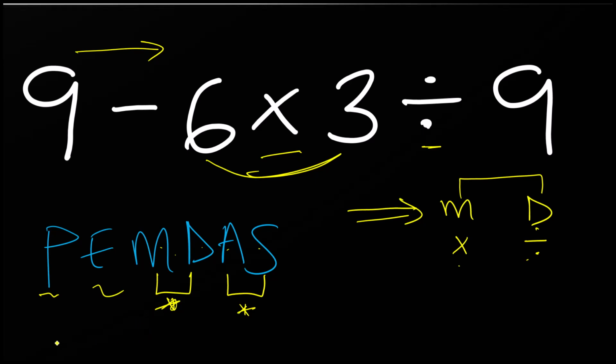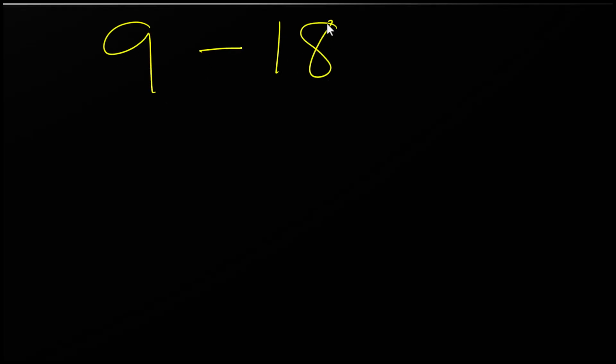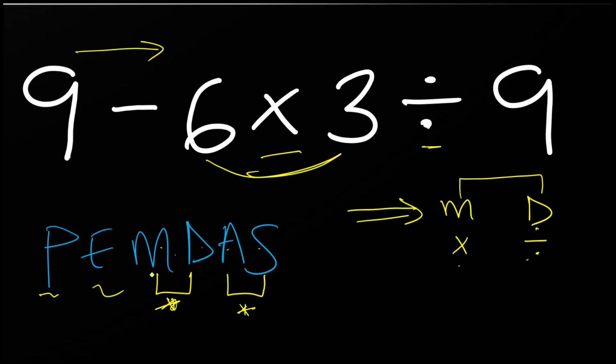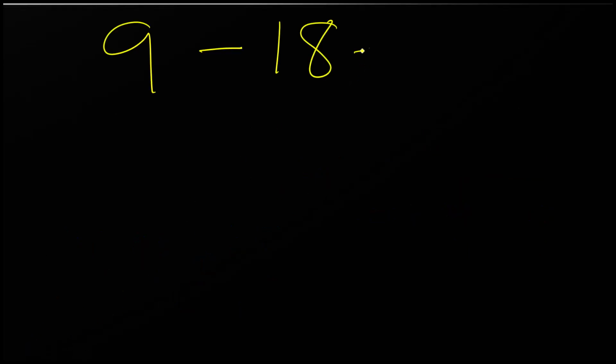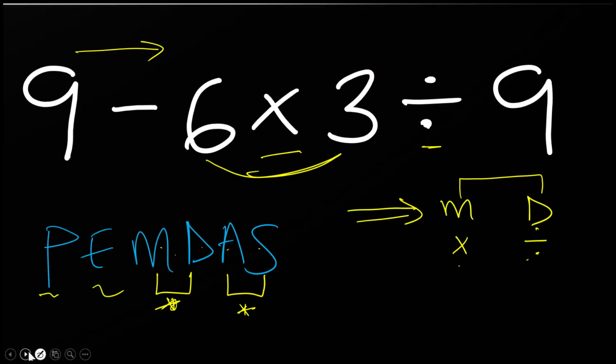So that will be 9 minus 18, 18 divided by 9. Okay, now let's observe this one carefully.